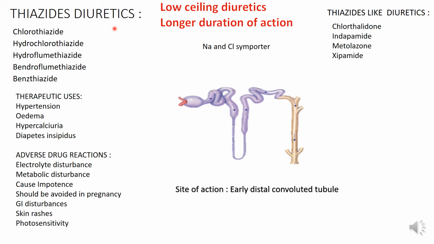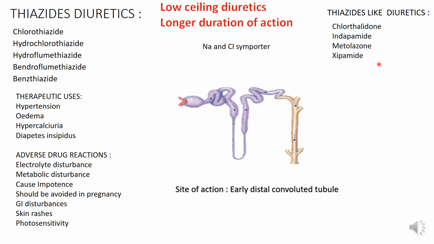It is important that you know the names of the drugs so that your paper is done effectively. The drug names are chlorothiazide, hydrochlorothiazide, hydroflumethiazide, bendroflumethiazide and benzthiazide, whereas the thiazide-like diuretics include chlorthalidone, indapamide, metolazone and xipamide.